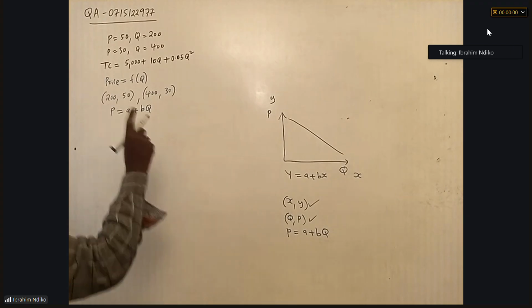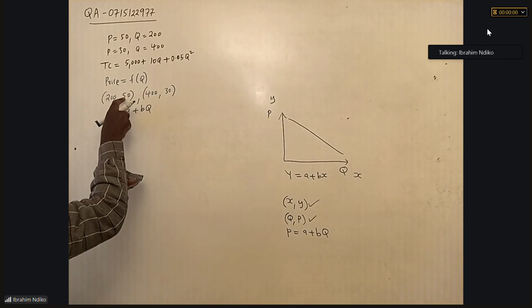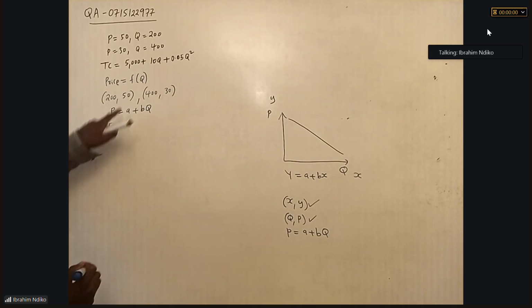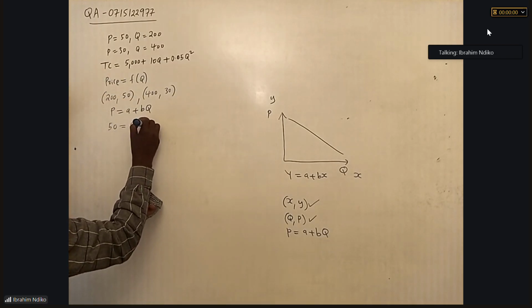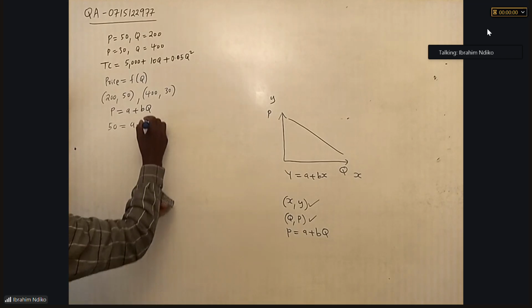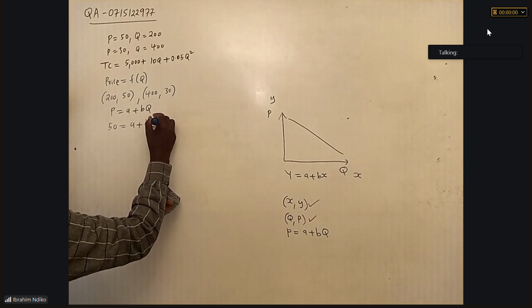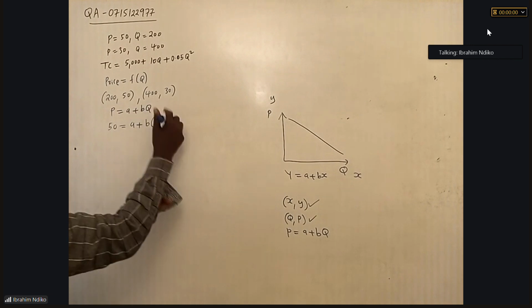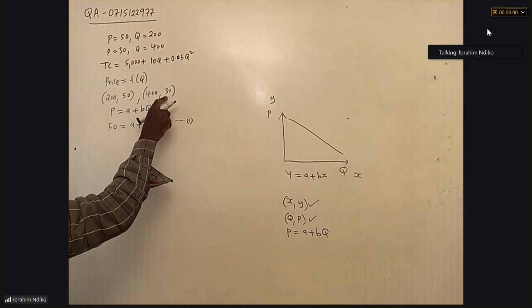Now, we can solve it in two ways. The first one, when price is 50, we do not know A, we do not know B, but we know Q is 200. So this one becomes the first equation. The second equation is this one.